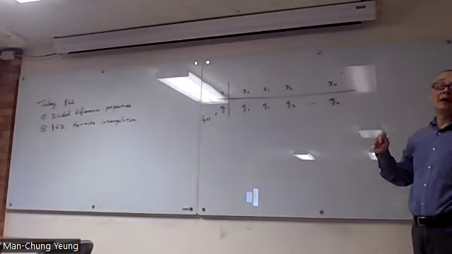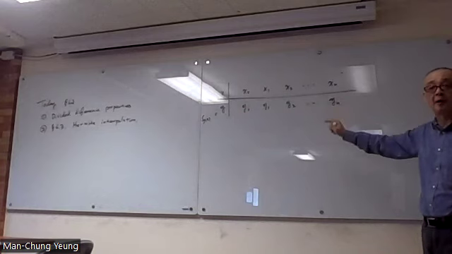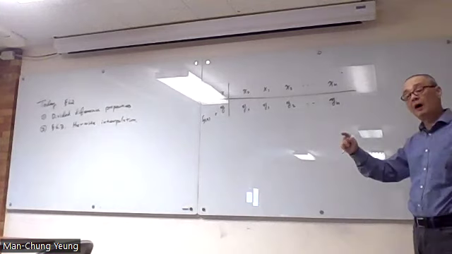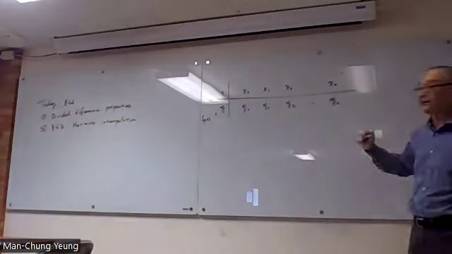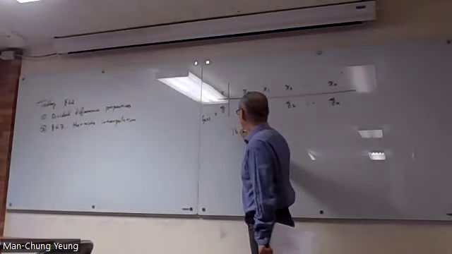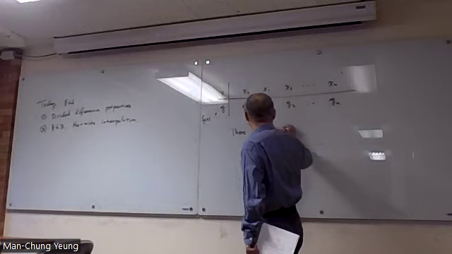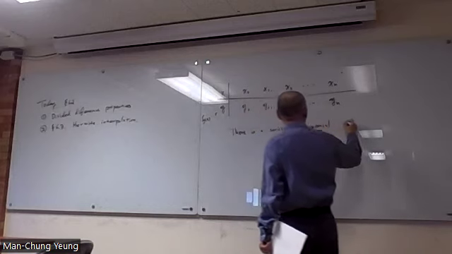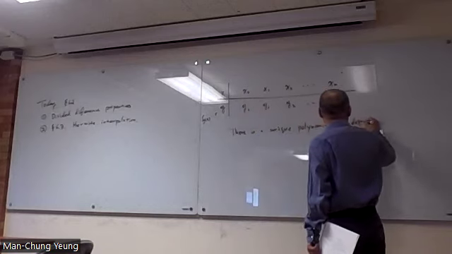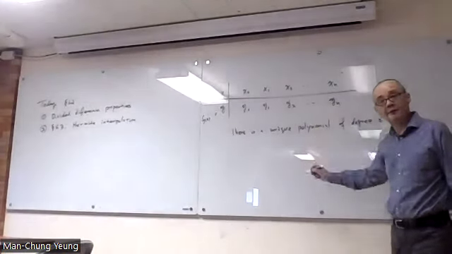There is one and only one polynomial of degree less than or equal to n that passes through all these data points.